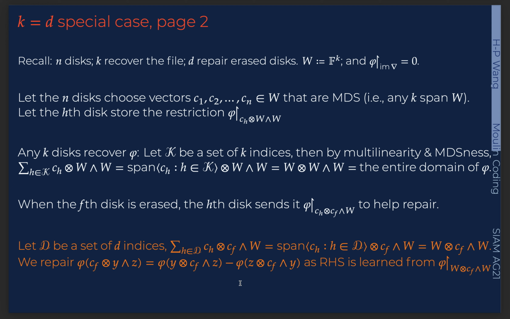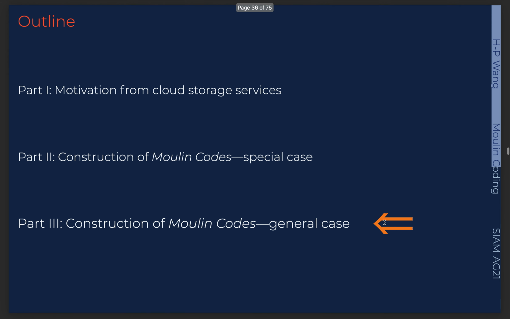And the right hand side is in W tensor CF wedge W, so we know those values. This finishes the proof that we can repair the erased disk by sending these messages to it. So that's the end of the k equals d construction.